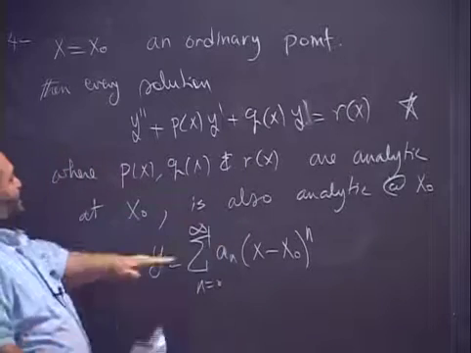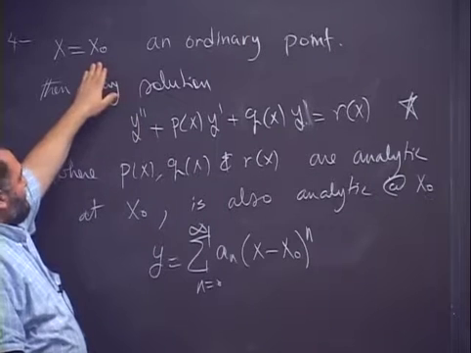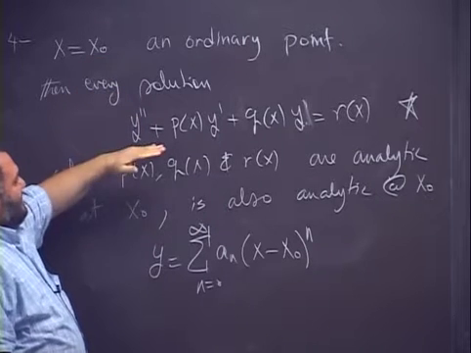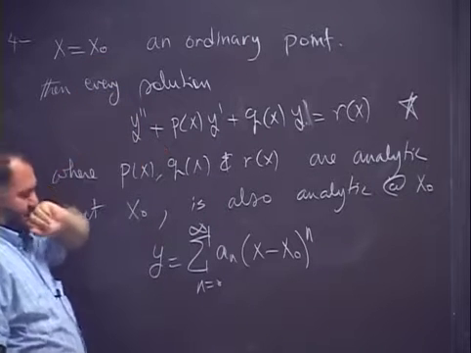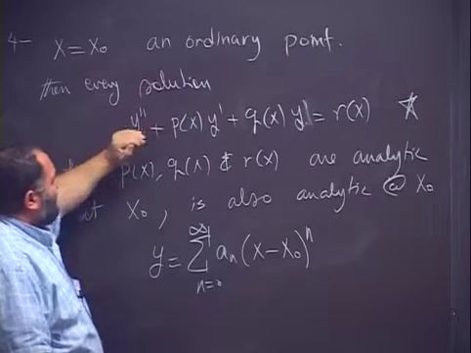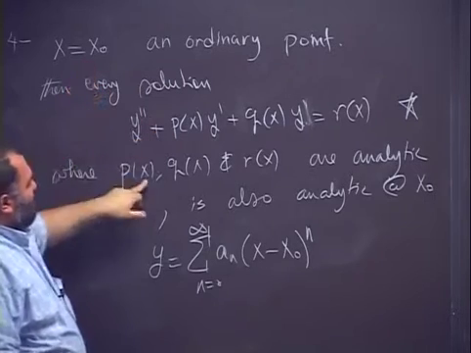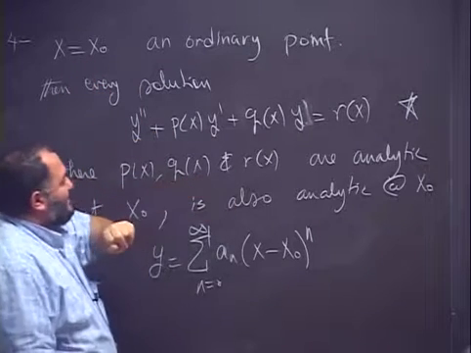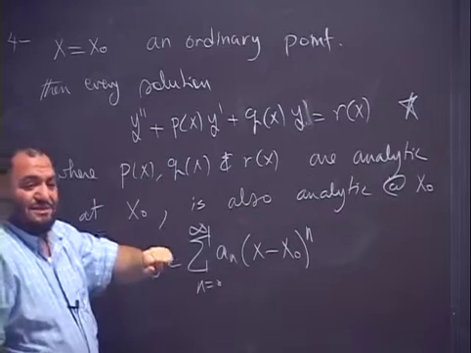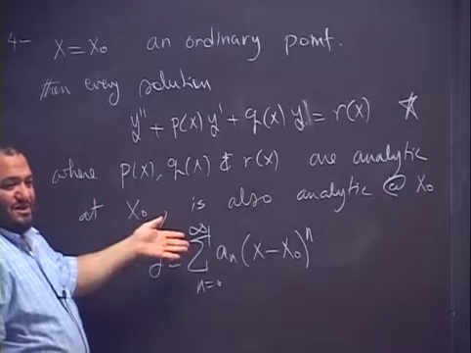So what we are saying here is that if x naught is an ordinary point, then P of x, Q of x, R of x are analytic. What does it mean, analytic? They do not have a singularity at this point, and they can be expanded in power series format.